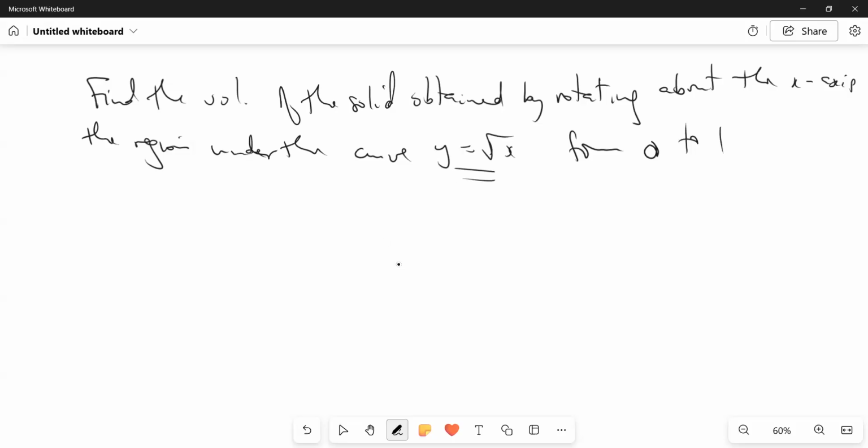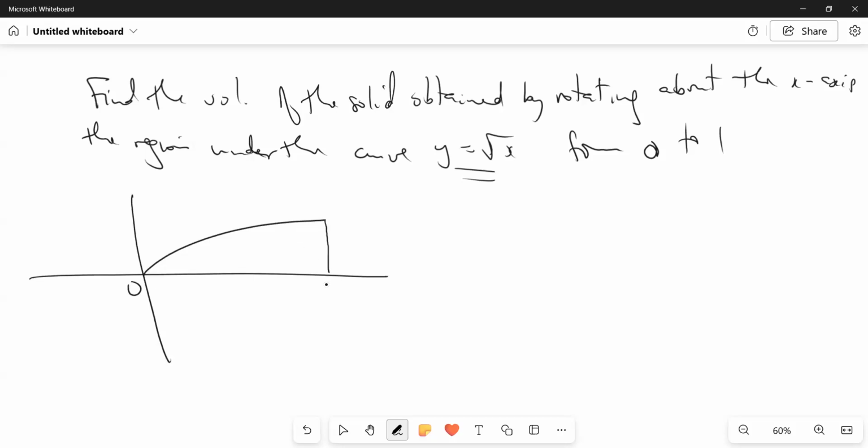So here's your curve. Let me give you an idea what the curve looks like. That curve looks like this. So we're taking this region here, from 0 and down here is 1. Taking this region and we're rotating it about the x-axis there.